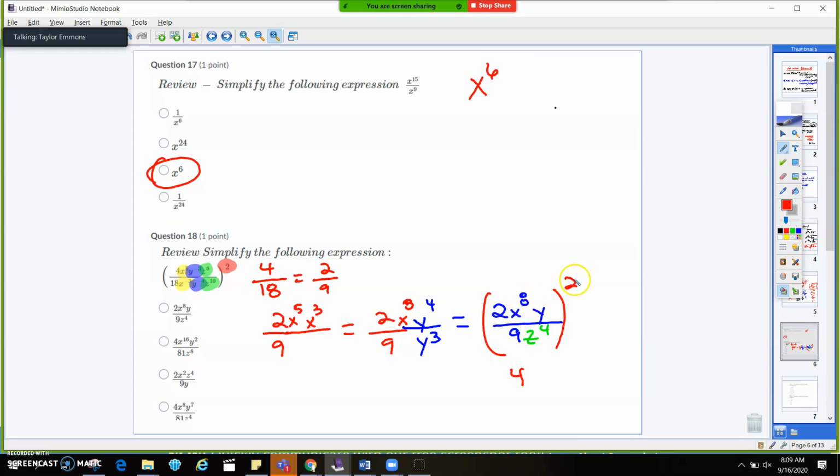X to the 8th squared is going to be x to the 16th. Y squared is going to be y squared. Over 9 squared, which is 81. Z to the 4th squared is z to the 8th. Okay?